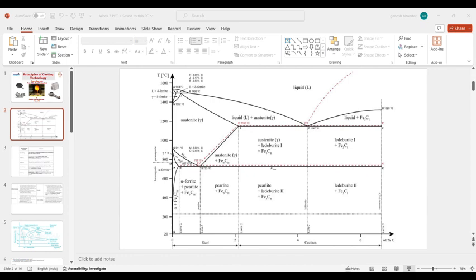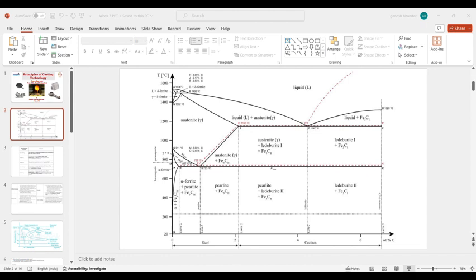So what we are providing is an annealing process, giving time for carbon to diffuse out of the iron carbide matrix. Then coming to the next one, the hardening process. We have already talked about quenching, which is also known as the hardening process.